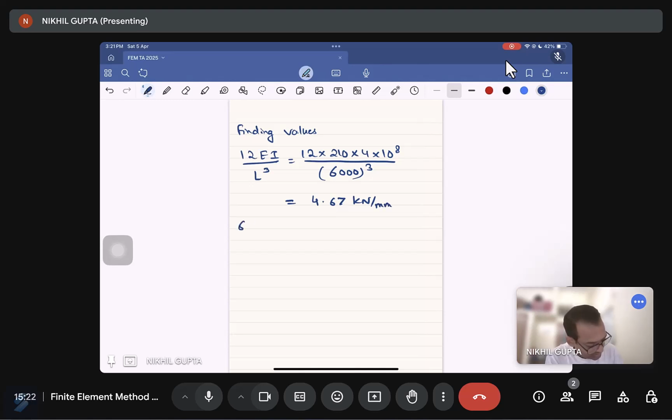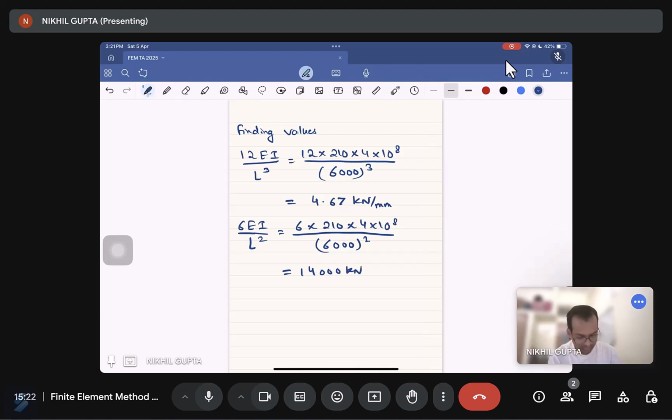Another thing, 6 EI by L square, which will be 6 into 210 into 4 into 10 power 8 divided by 6000 power 2. When you solve it, you will get 14,000 kilonewton.